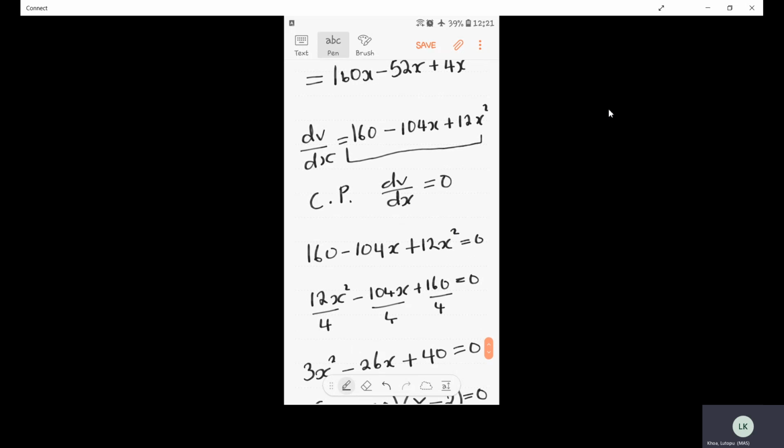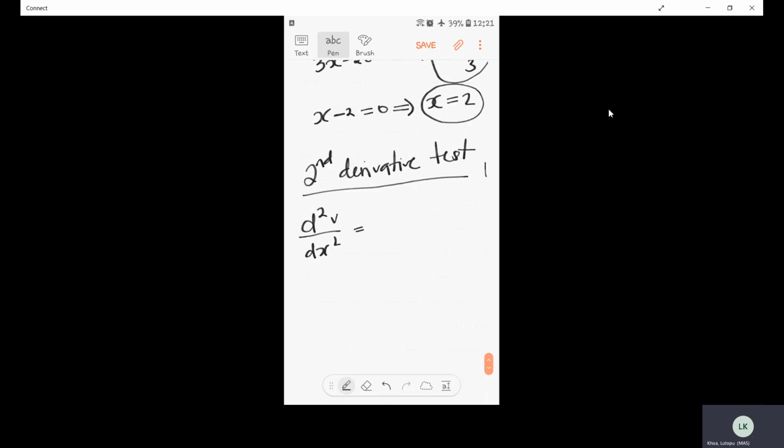It is the original one you started with. So this is minus 104 plus 24x. Now notice this is not a constant function, so it depends on what your x is. But you know the test, if your second derivative gives you a positive, then you have a minimum.